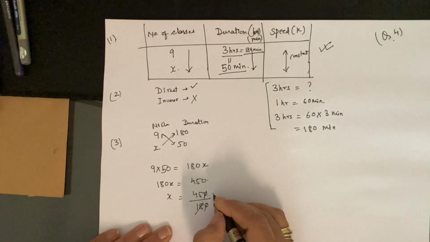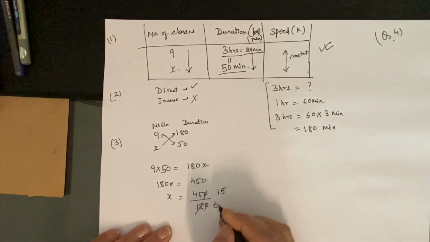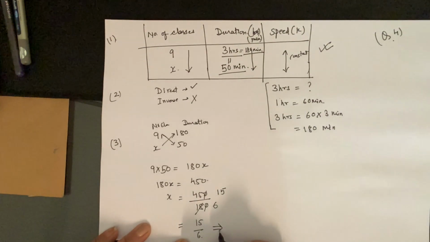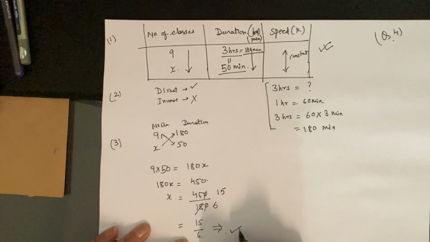3 sixes are 18, 3 ones are 3, 3 fives are 15. So it will be 15 by 6. So the answer will be in decimal.